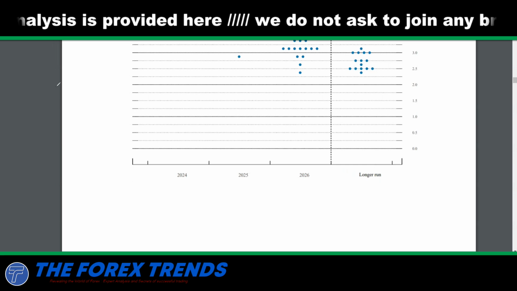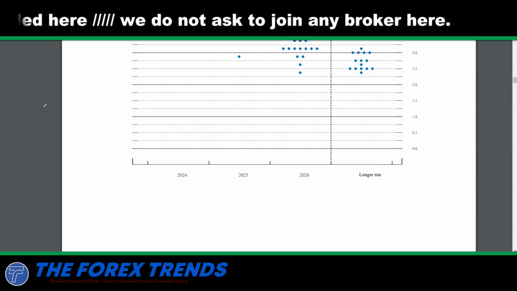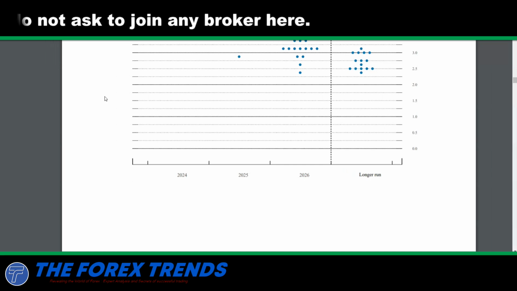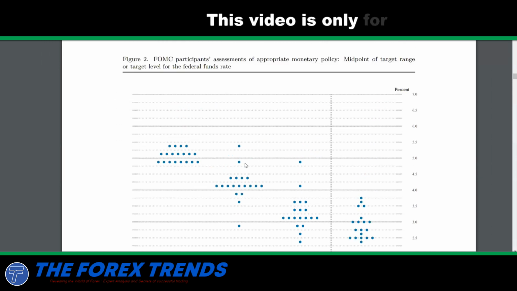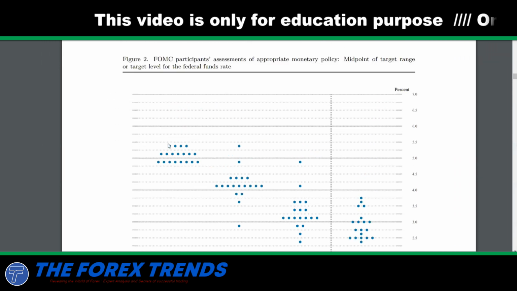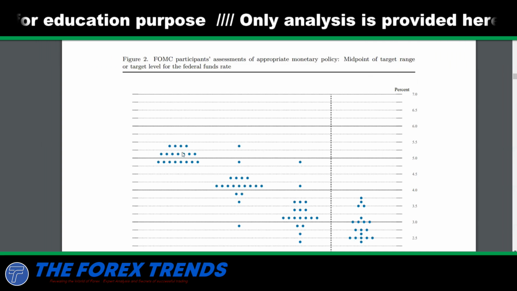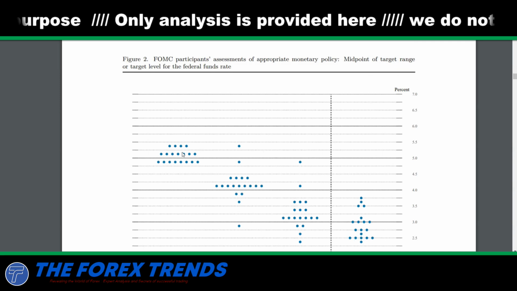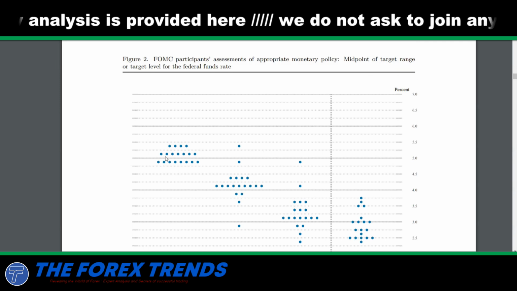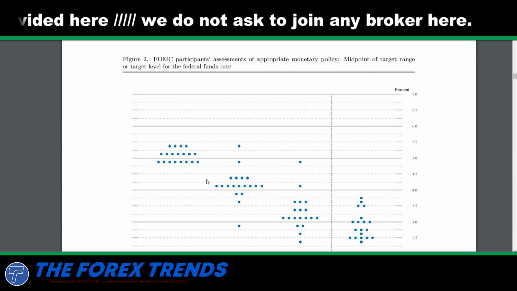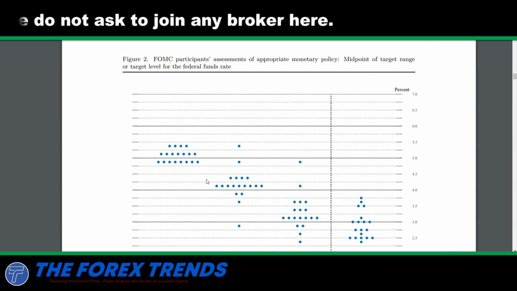So the Fed members, what are they expecting? Let us see again. Four members are expecting the interest rate will remain the same, and the other 15 are expecting to cut the interest rate by the end of the year.